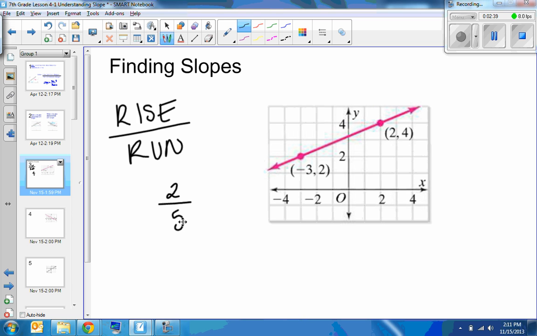Because I went to the right, it's a +5. I also know I should have a positive slope because it's going upward. So again, I went up, my rise, 1, 2, and then 1, 2, 3, 4, 5. So my slope is 2 over 5. I always want to make sure it's simplified, and 2 over 5 is simplified.